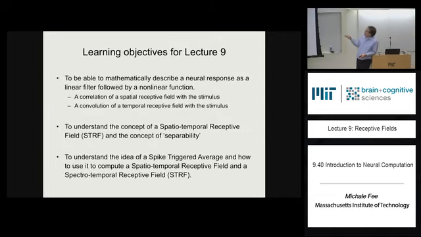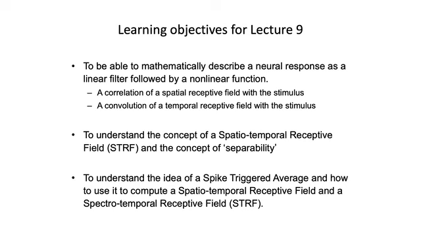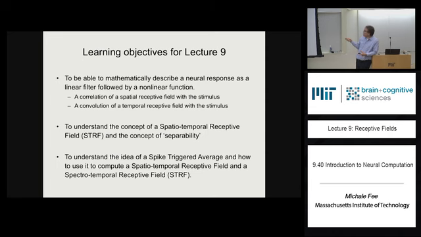Okay, so we talked about a mathematical description of receptive fields, which are essentially describing patterns of sensory inputs that make a neuron spike. And we've talked about a very specific model called a linear nonlinear model that describes how neurons respond to stimuli or become selective to stimuli. We've talked about a spatial receptive field, described the response of a neuron as a correlation between the spatial receptive field and the stimulus.